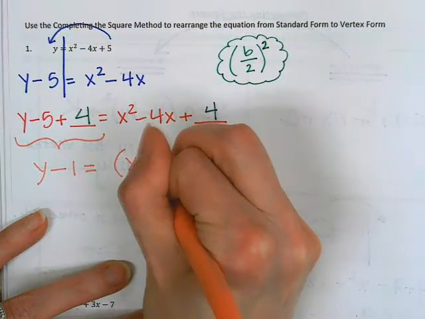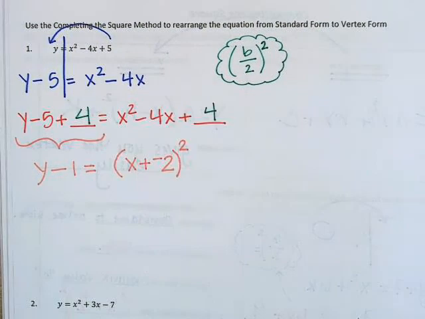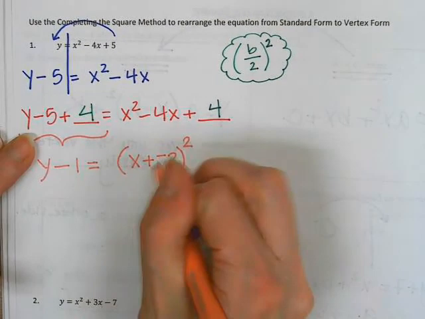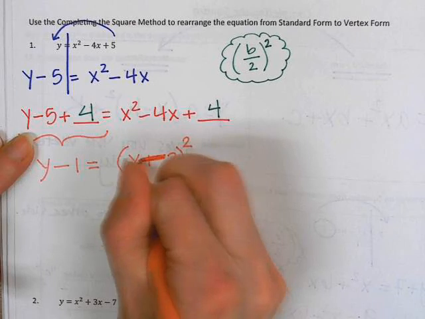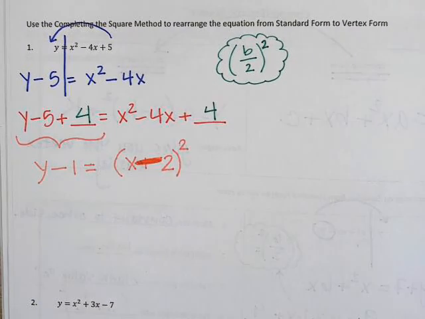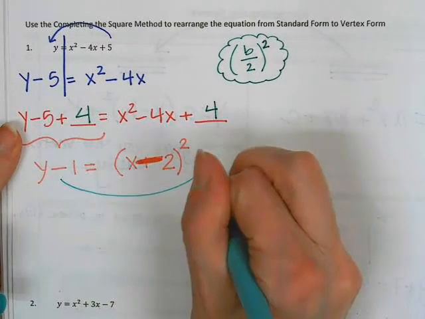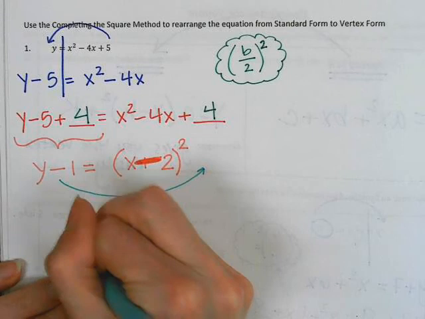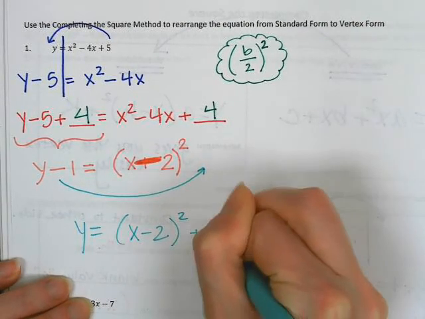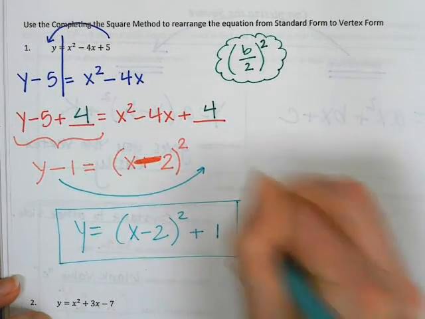So x plus negative 2 squared, but instead of plus a negative, I would just make it a minus. And then the last step, you need to get y alone, so we have to add the 1 over here, and then we're done. y equals x minus 2 squared plus 1. That is in vertex form.